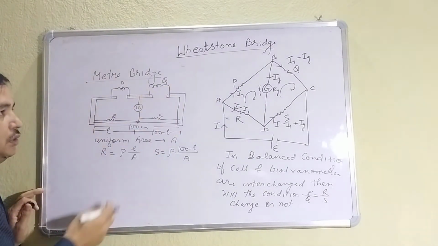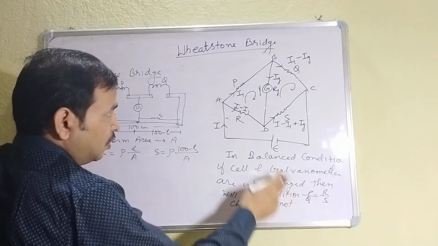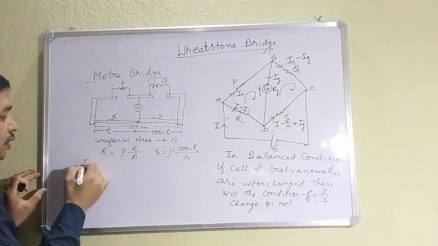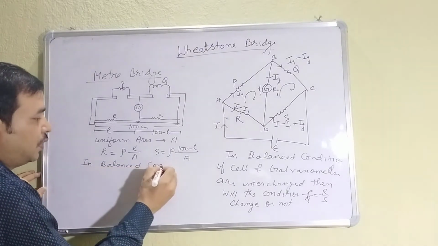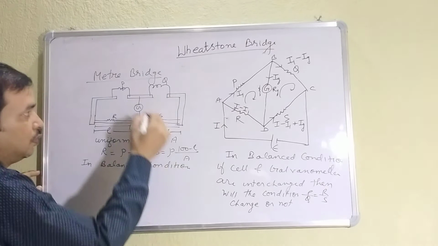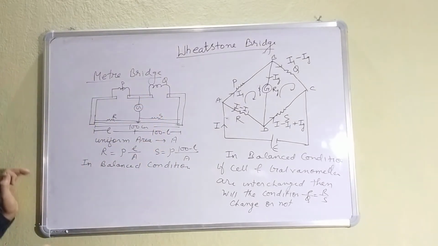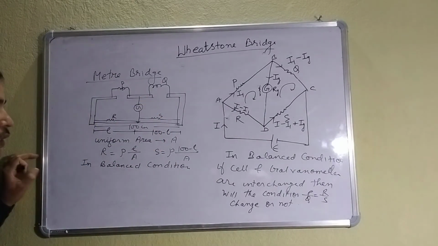So students, by using the condition of the Wheatstone bridge, in balance condition, what will be the formula? Balance condition means when the galvanometer is showing no deflection, which is known as null deflection.